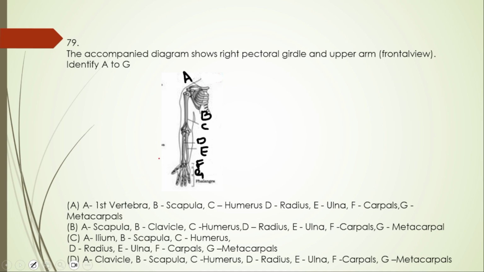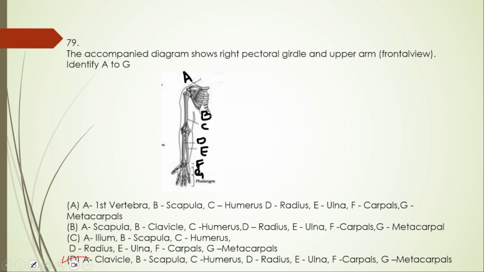That one you can also call clavicle. Normally we call it collarbone, but the biological word is clavicle. A is clavicle, the last one. So by only one labeling the correct answer is the D one. And let us cross check.